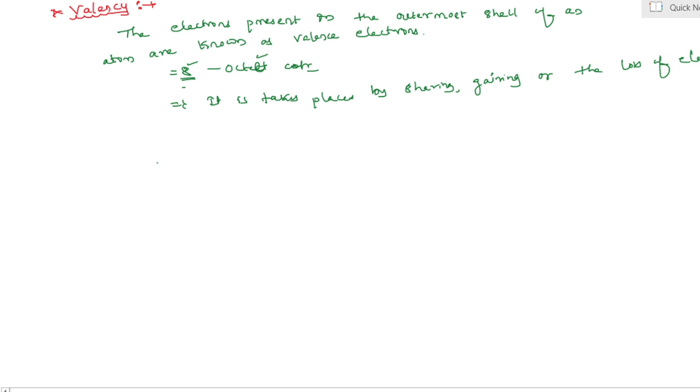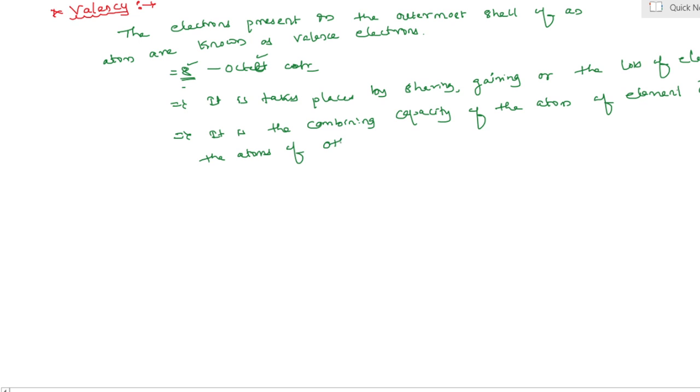It means that it is the combining capacity of the atom of an element with the atoms of other elements in order to complete its octet.